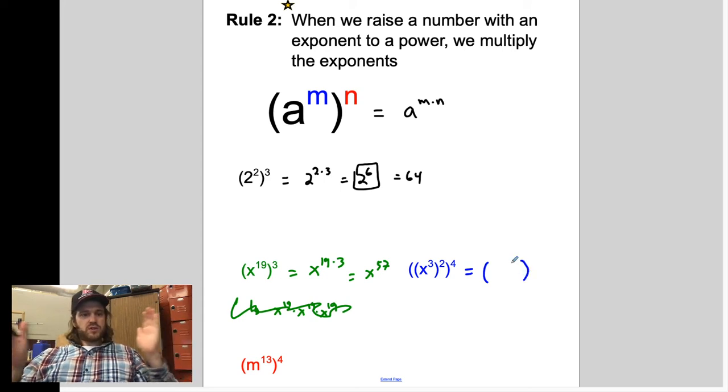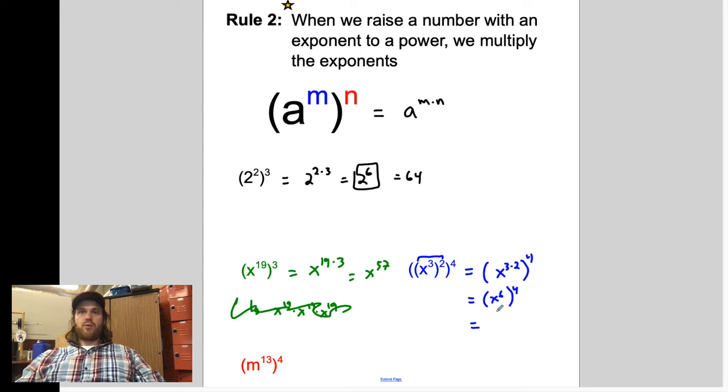We're just going to focus on a very small portion, and that very small portion is the inside: x to the 3rd power raised to the 2nd power. So again, we're not raising 3 to the 2nd power. We're raising x to the 3rd to the 2nd power, which means we're going to do x to the 3 times 2, but that's raised to the 4th. So this is actually x to the 6th to the 4th.